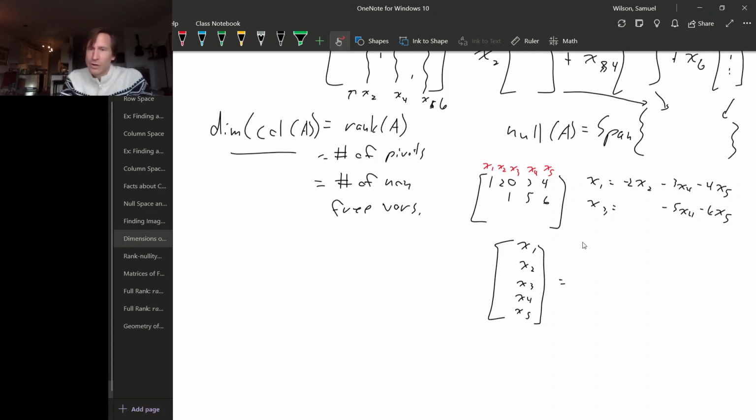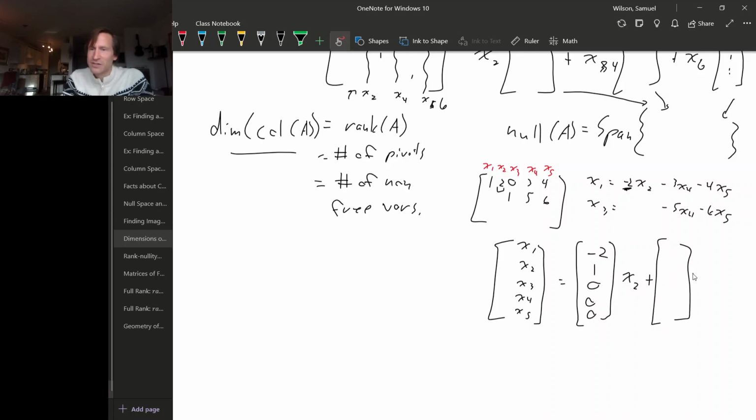Okay, so we're going to get some vector times x2. What vector is it? Well, we need this coefficient right here, but that's the negative of this one. And that's it for x2. I guess we also need 1 times x2 to be x2, and 0's in the rest of the places. Okay, what about for x4?